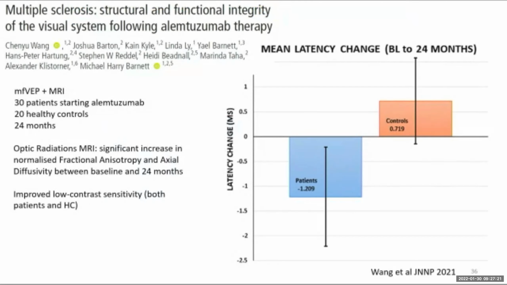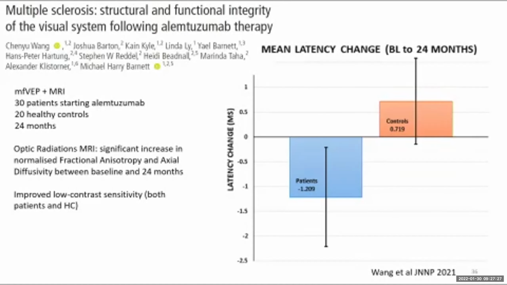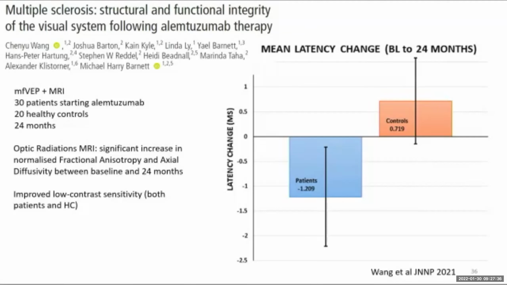And this is the last example, quite recent, showing with multifocal VEPs an improvement, even compared with healthy people, of VEP latencies after the treatment with alemtuzumab, suggesting that immunomodulation and immunosuppression may open the path for endogenous mechanisms of remyelination.